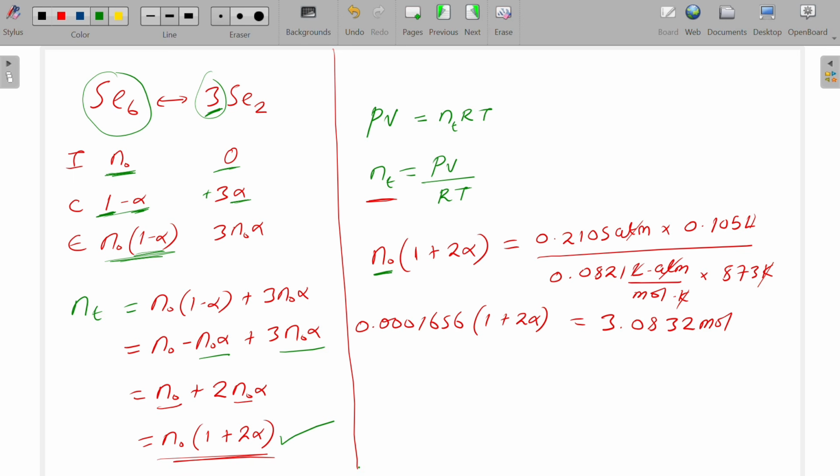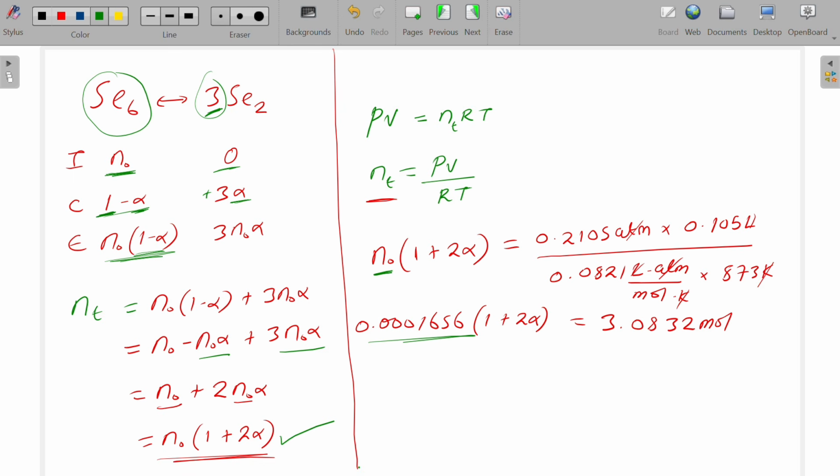Remember, we are looking for the degree of dissociation. So we are making sure we leave it alone so that we can find it. We're going to divide by the initial number of moles.